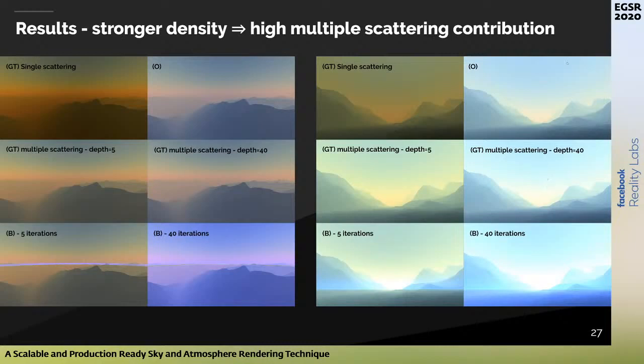You can see that our model is very close to the ground truth, thanks to the new multiple scattering and lookup table approximation. And the model from Bruneton unfortunately suffers from the same artifact we described before, especially the one at the horizon, and that is emphasized by the higher atmosphere density. And it also fails to represent a higher scattering order, likely due to numerical precision issues.